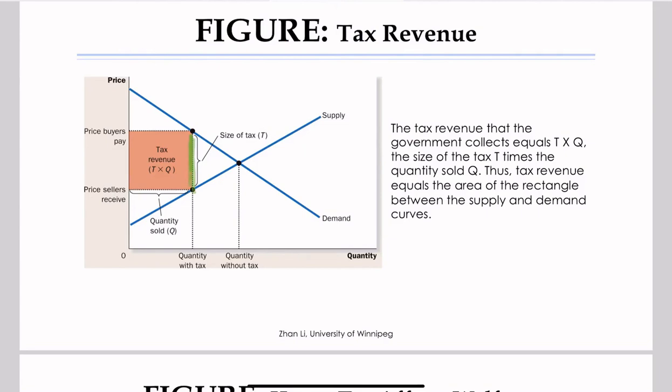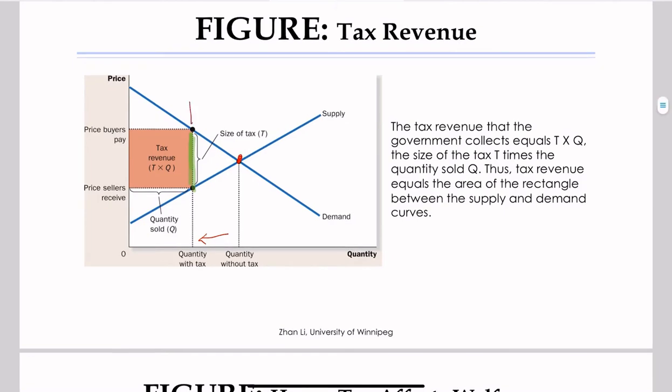And you can see that because of taxation, because of this wedge, there are several things happening. First, quantity demanded, or the equilibrium quantity, will be lower. Second, prices will change. To be more specific, price paid by buyers will be higher. Originally, the price was given by this dot, and now price paid by buyers is higher.